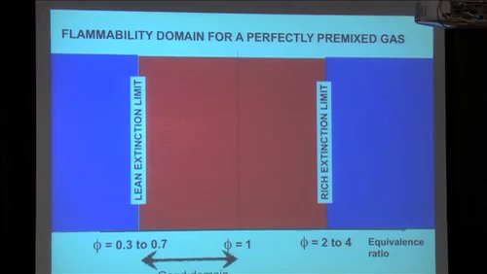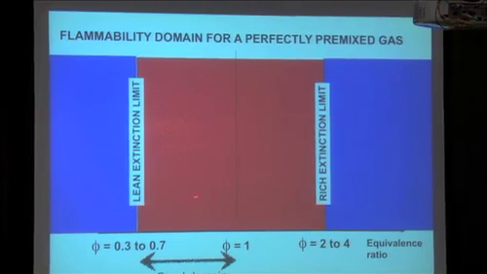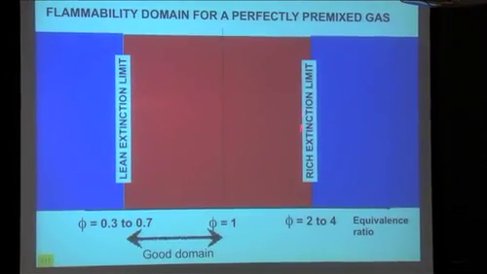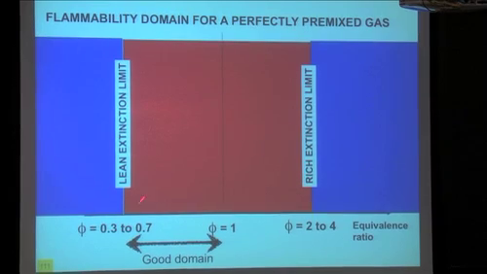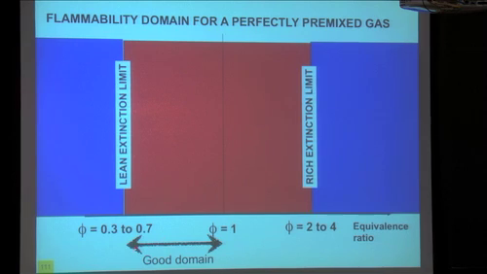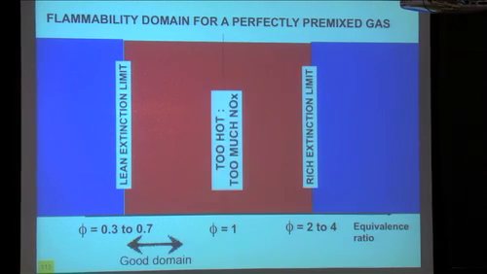In practice, you have what we call flammability limits. All of you have heard about that. You can make a premix flame work only in a limited zone of equivalence ratio. If you are too lean or too rich, it won't burn. So I said you don't want to be above 1, so the good domain will be that one. But in practice, in the gas turbine, this is even too large. Here, when you are close to stoichiometry, you make too much NOx because you are too hot.